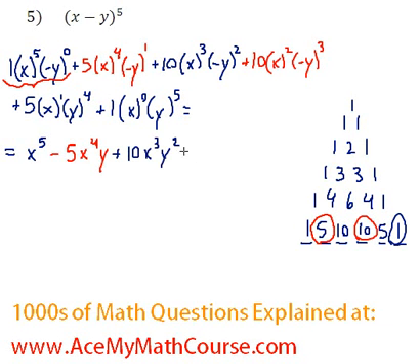Next element. Now we have 10, switching the colors again, 10x squared times negative y cubed. So that'll be negative 10x squared y cubed. Plus, now we have 5x y to the 4.